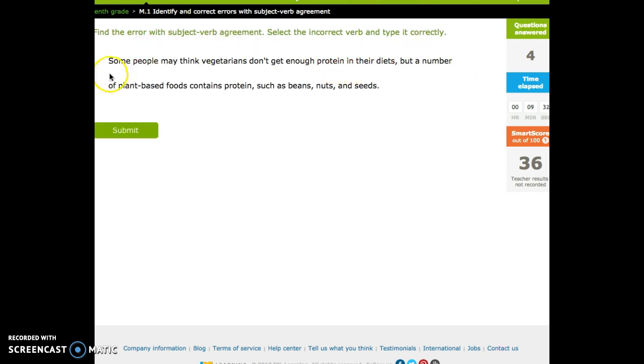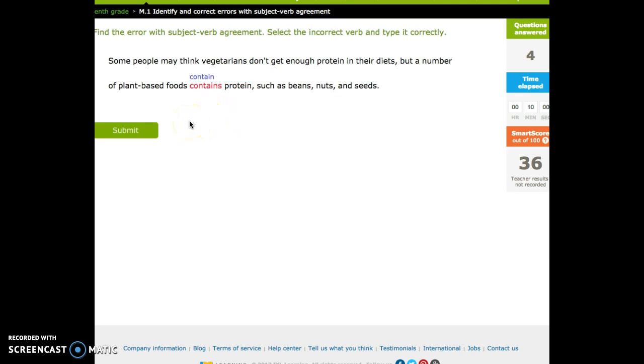A number of plant-based foods contains protein. So when we have a number of foods, we're actually asking what contains? The foods contains. So foods contain is a much better answer.